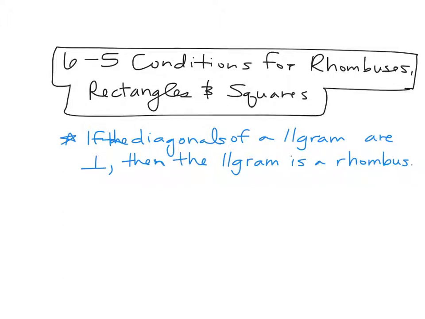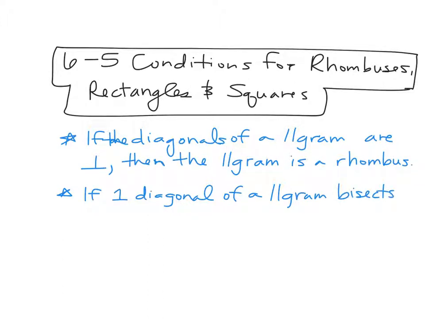The second one says, if one diagonal of a parallelogram bisects a pair of opposite angles, then the parallelogram is a what?